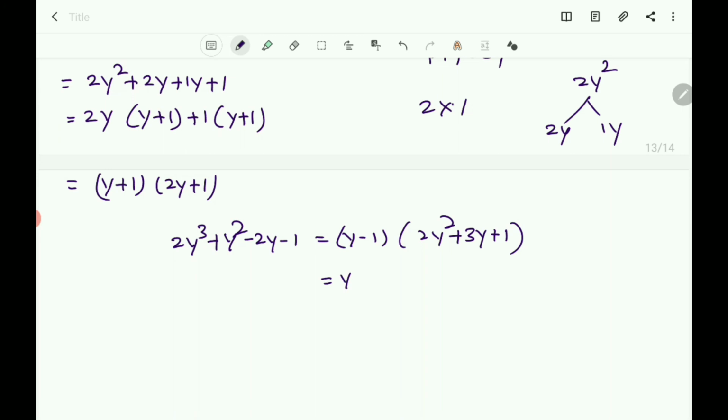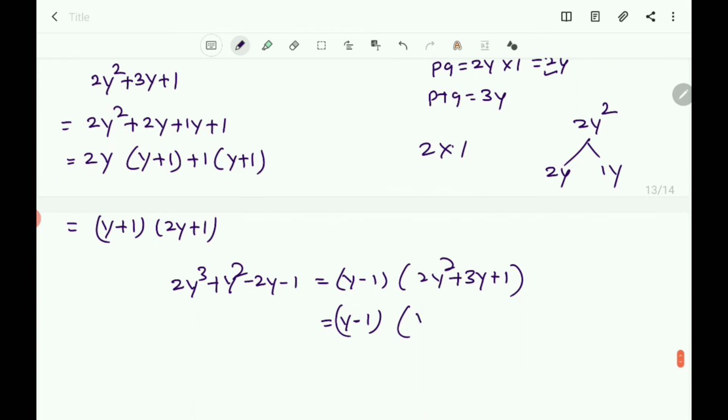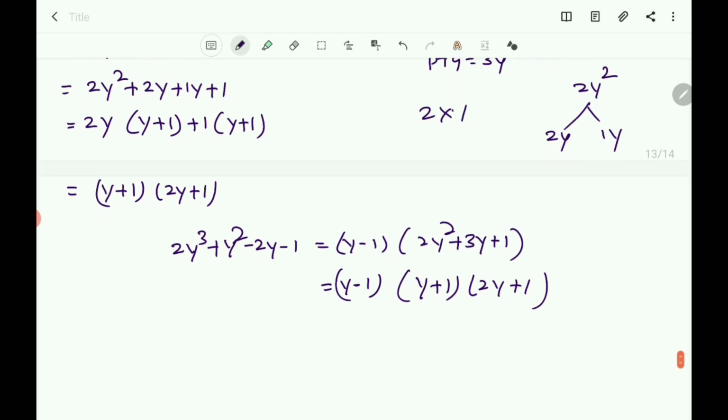Then it is equal to y minus 1 into the factors of 2y square plus 3y plus 1, which is y plus 1 into 2y plus 1. So the three factors are y minus 1 into y plus 1 into 2y plus 1. That completes 4 questions of the fifth main of that exercise.